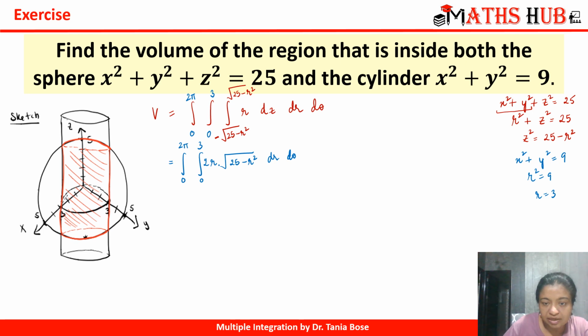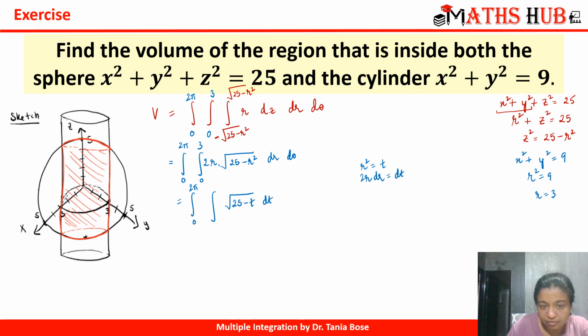So now let us integrate this. When you integrate this, I can simply put r square equal to t. So I will have 2r dr is equal to dt. When I put back the value as t, 2r dr will become dt and this will become 25 minus t dt. And what are the limits of t now?